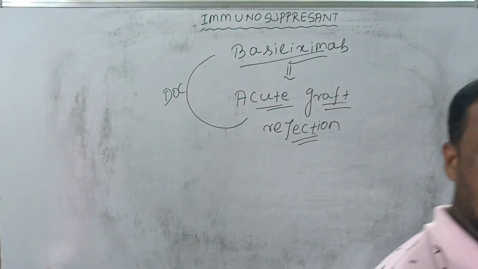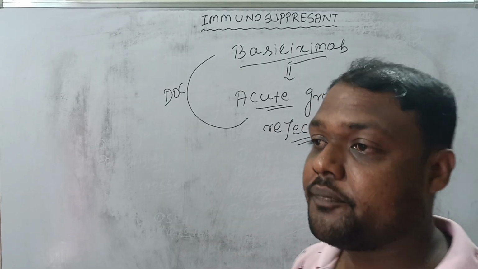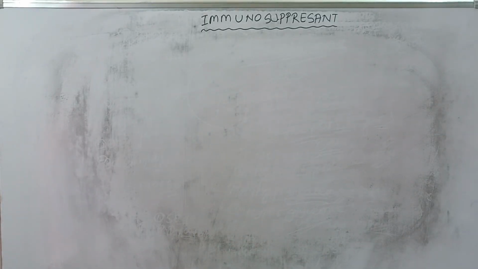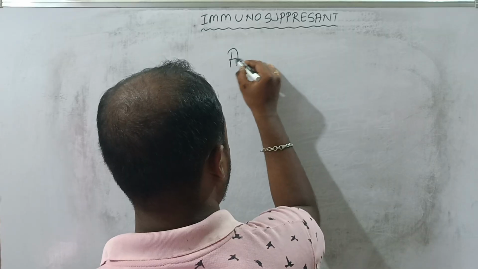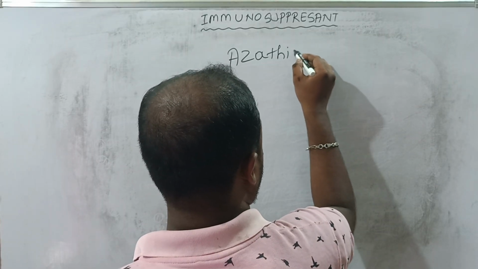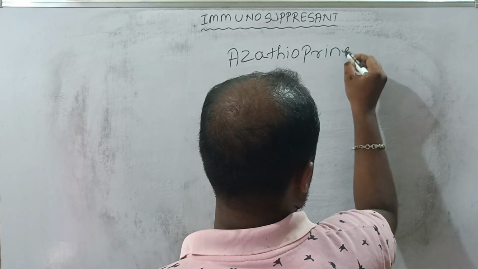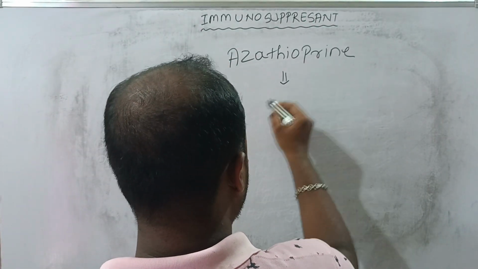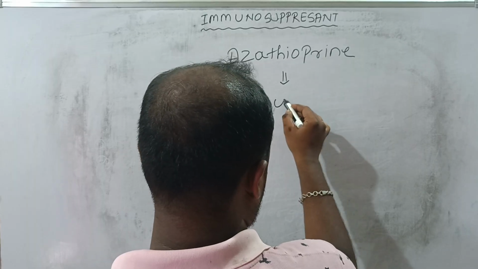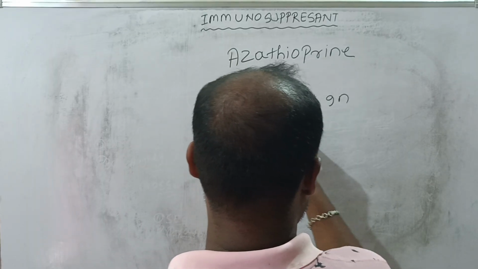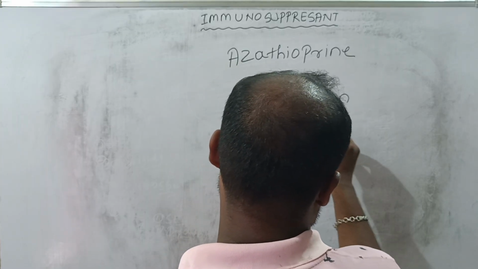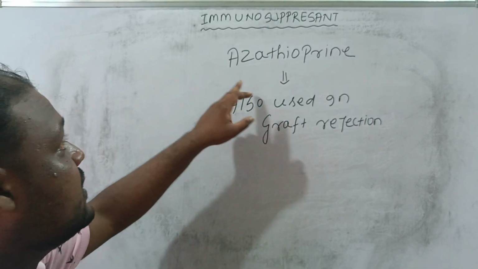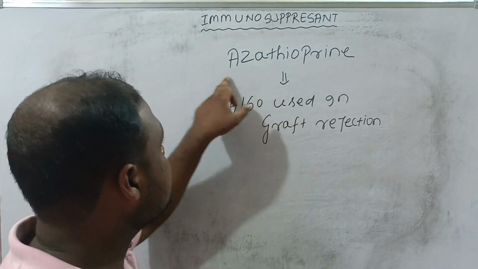Then another immunosuppressant is azathioprine. Azathioprine is an immunosuppressant.